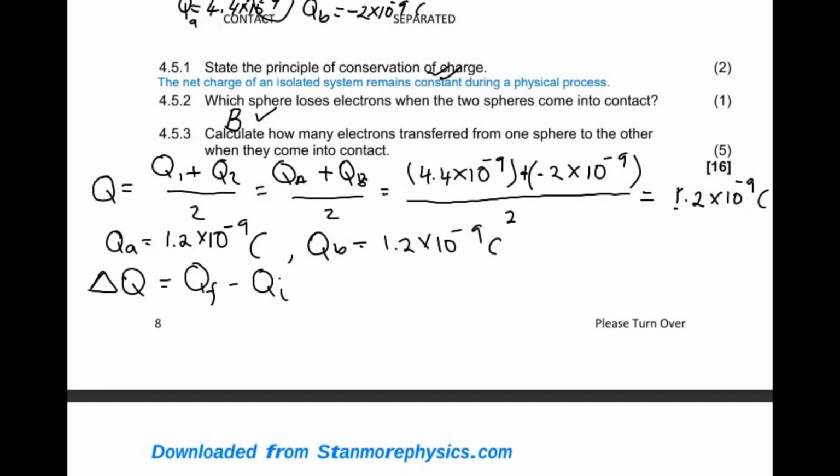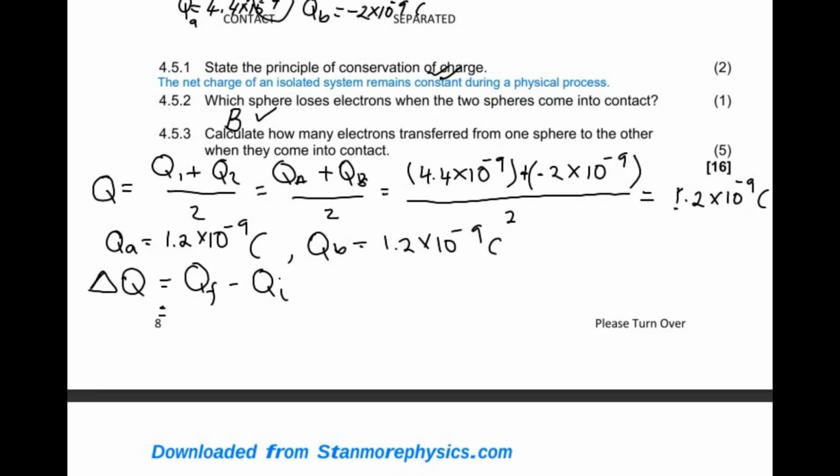So if you use the sphere in which the charge is being transferred to and you get a positive value, then you use the other sphere in which the charge was transferred from, you get a negative value. So just for myself, use the sphere in which the charge is being transferred to. We've already established that the charge is being transferred to sphere A.